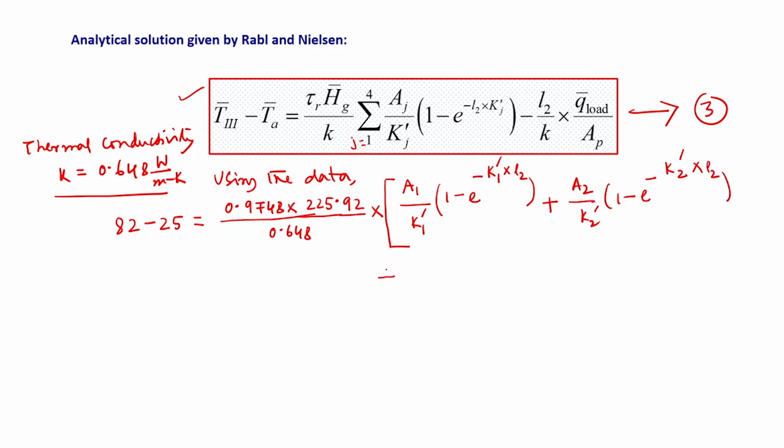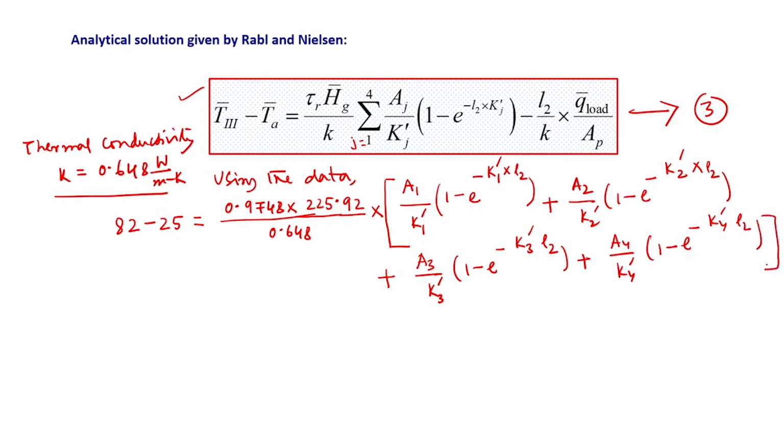plus A3 by K3 dash, 1 minus e to the power of minus K3 dash, then L2, plus A4 by K4 dash, 1 minus e to the power of minus K4 dash, then L2.